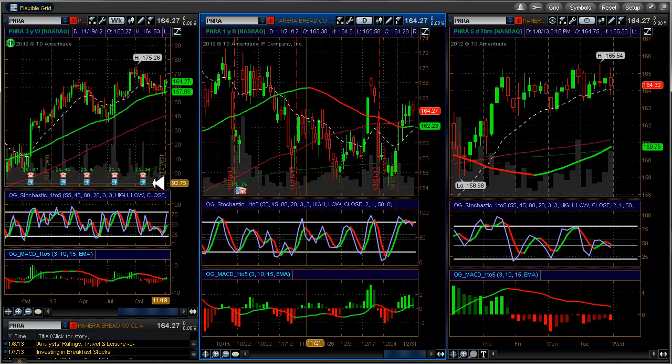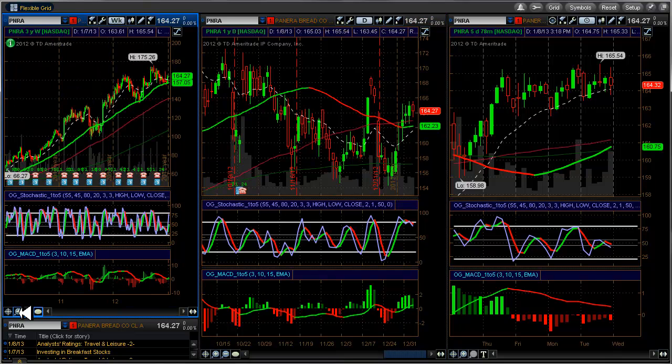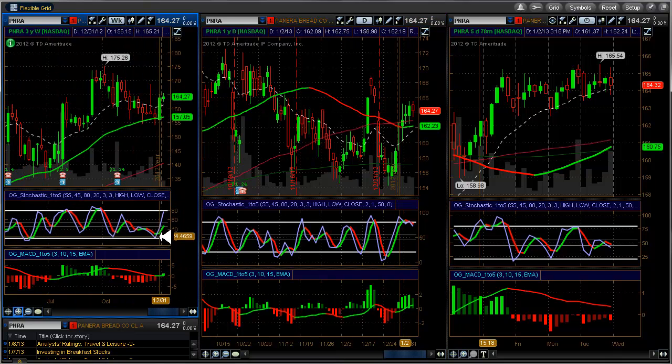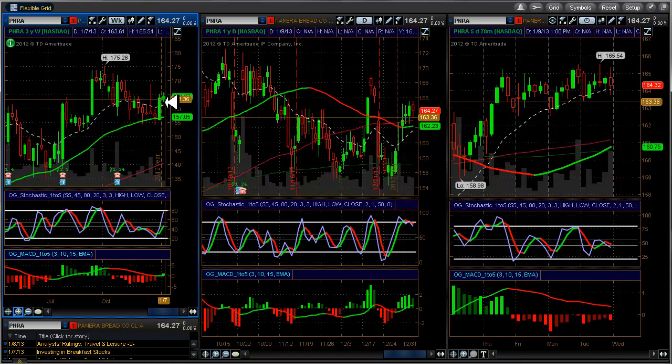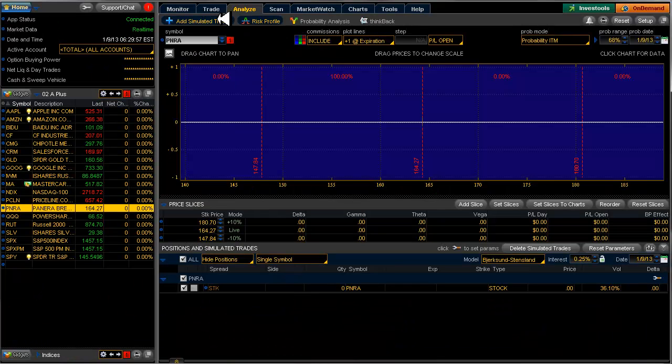So now we have an uptrend and a long-term uptrend, possibly. This just barely kissed the 20 down here. Let's just bring this in a little bit more. And we have confirmation. Let's take a look at what we could do here.